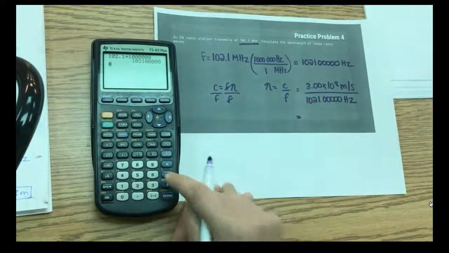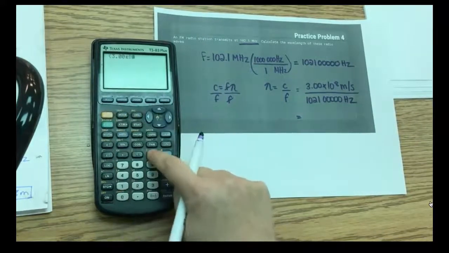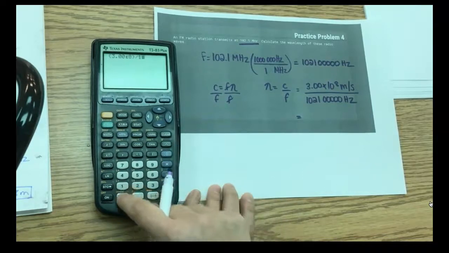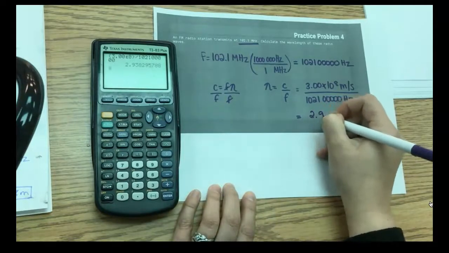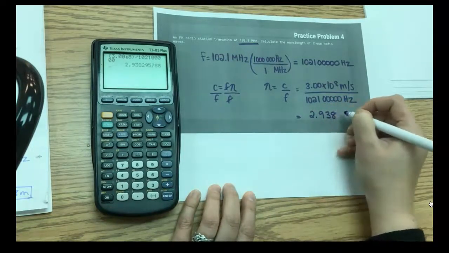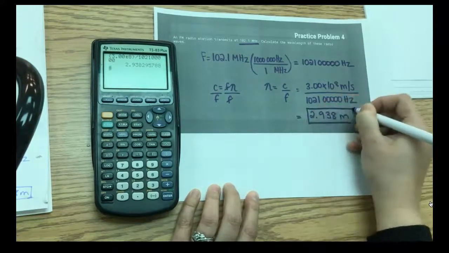I'm going to put that into my calculator, doing it the fancy way so I don't make any mistakes. Making sure that I have the right number of zeros, and I got 2.938, and I'll just leave it at that, and we're doing wavelength, so it should be meters.